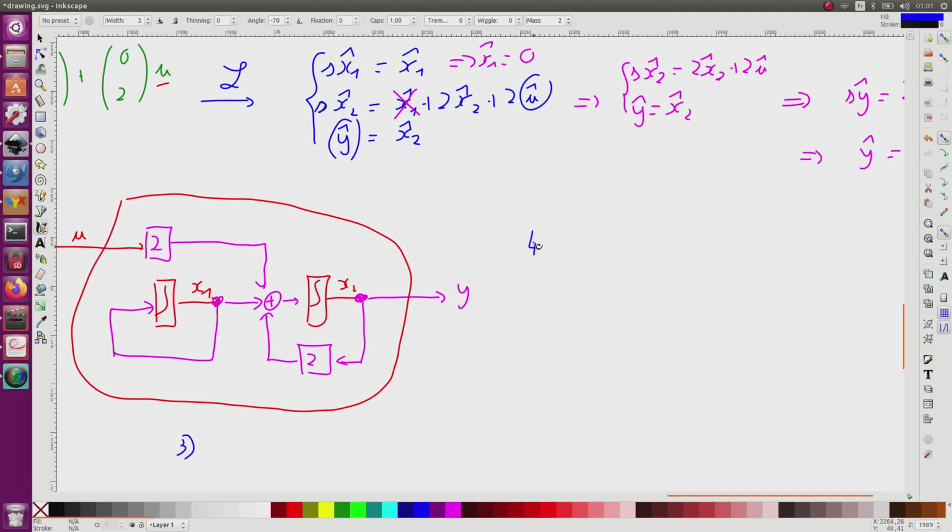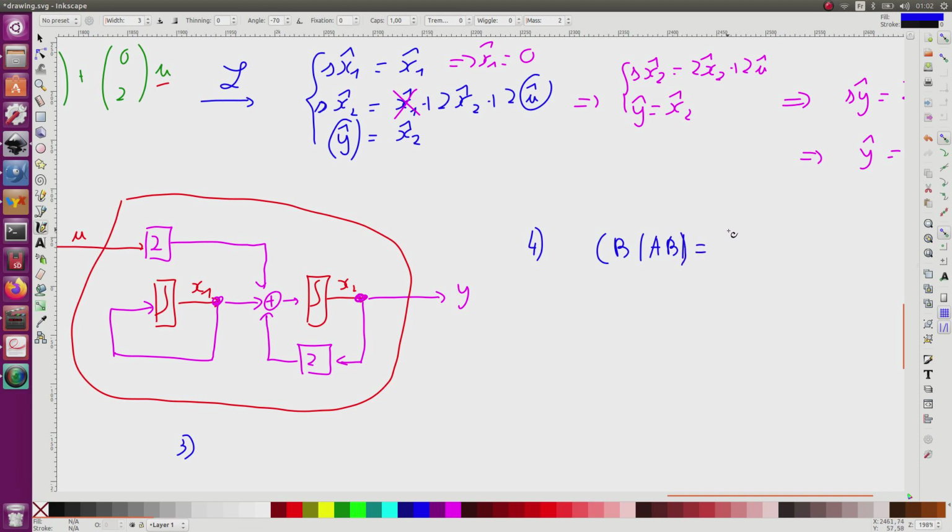So question number 4, the controllability matrix. It is given by B, AB, A squared B, up to A power n minus 1 B, but here I stop here because n is equal to 2.